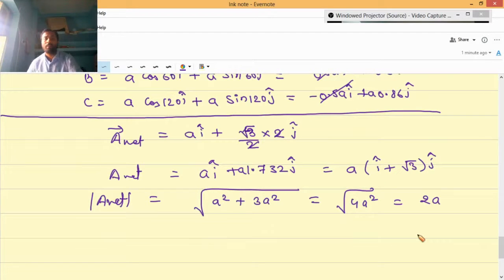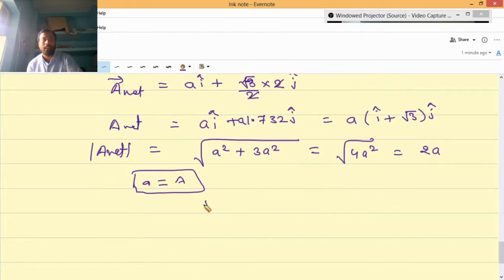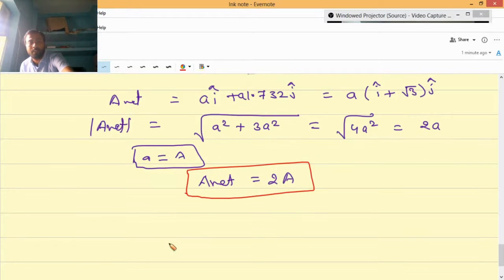Since in the question the amplitude given was capital A, you can substitute small a as capital A, and the answer will be A net exactly equal to 2A. In this way we have completed our problem, that is 56.